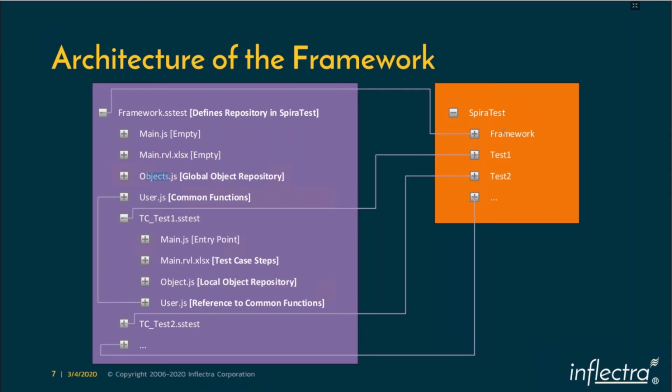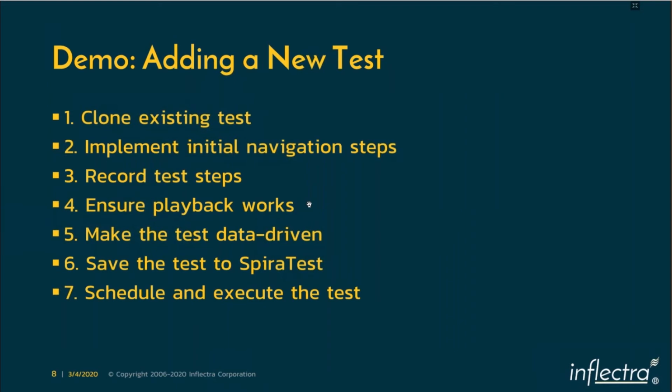And if you don't get some of the features displayed on the screen, we will go through the creation of a new test right now. So we will add a new test to this framework. I will show you again in more detail.